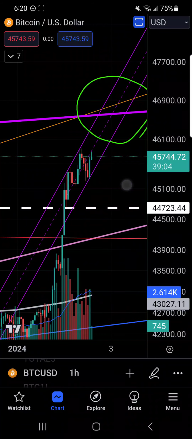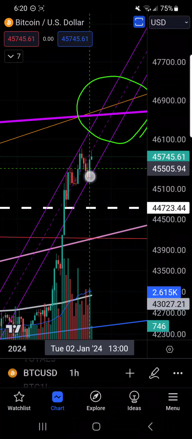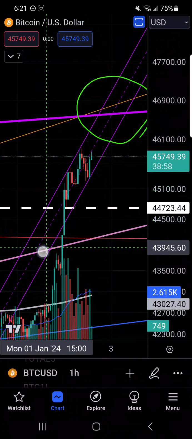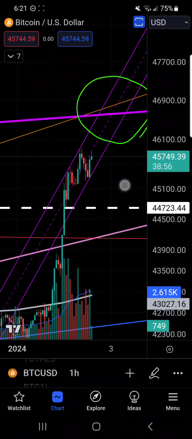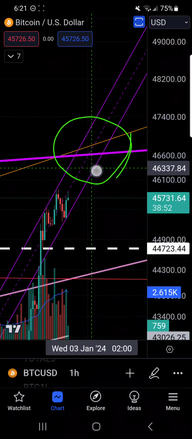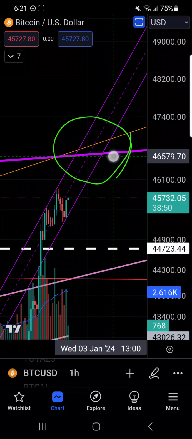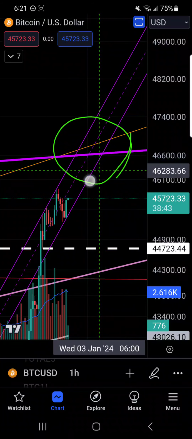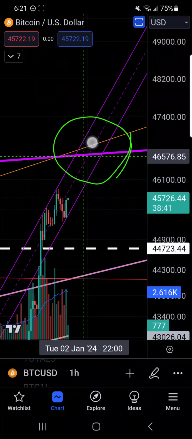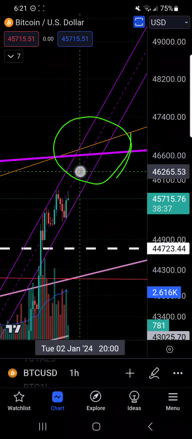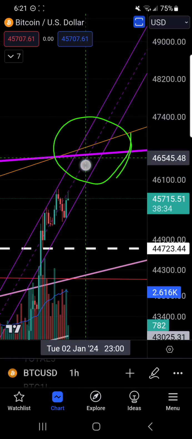And you can see that we've started trading sideways or trading upwards in this parallel channel here, heading to the point where you see a lot of convergence. Our parallel channel only converges here because that's where we're going. But anyway, we need to get up through here.